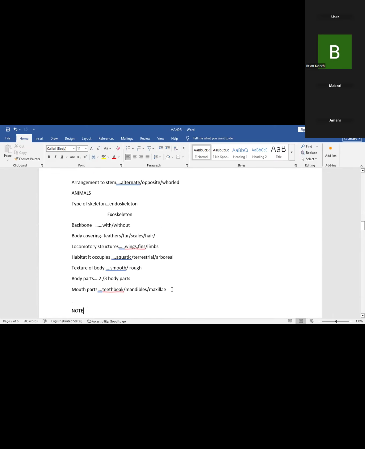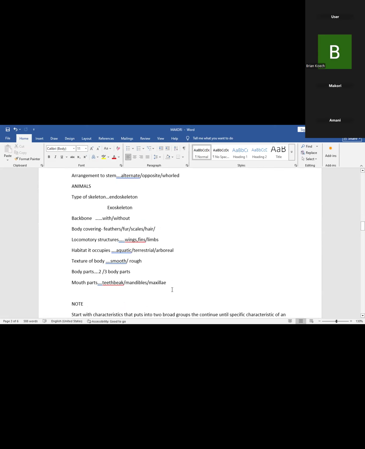Before I move to the one on the animals, there is arrangement of the leaves on the stem. On this part of the arrangement of the leaves on the stem, we have got the opposite. Alternate, that is when one leaf is not directly attached to the point where the other one has been attached. Such that I will illustrate it within your screen.